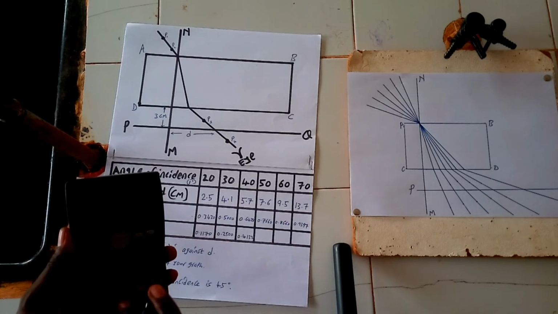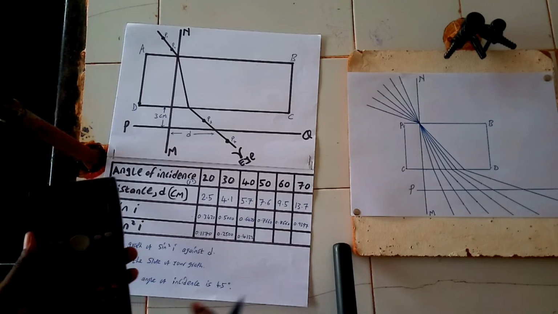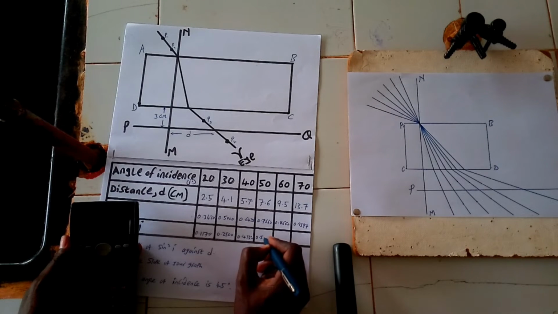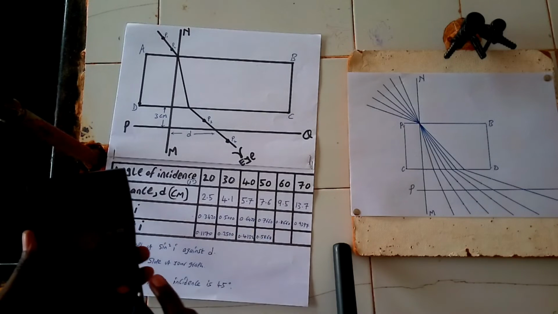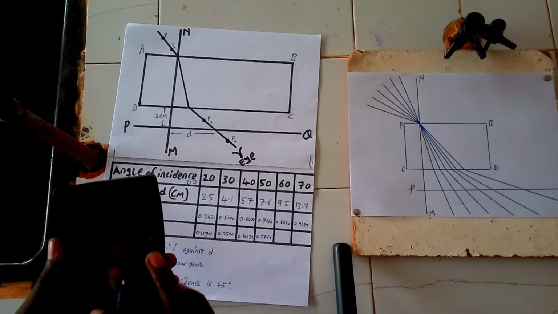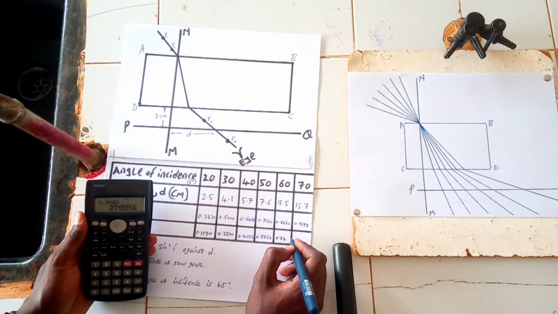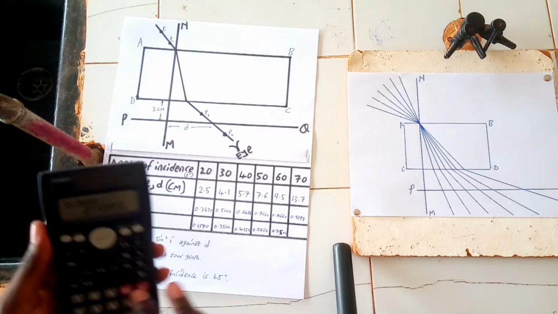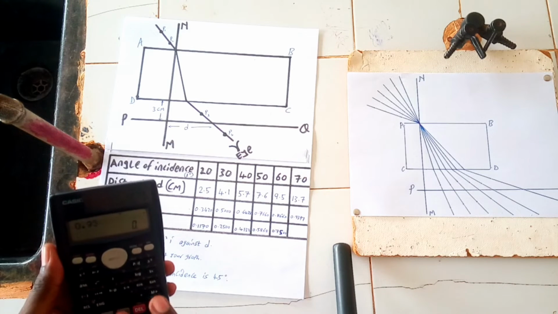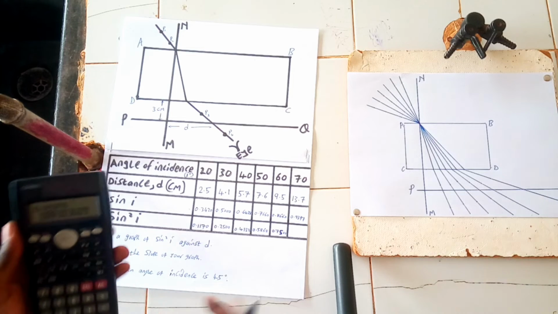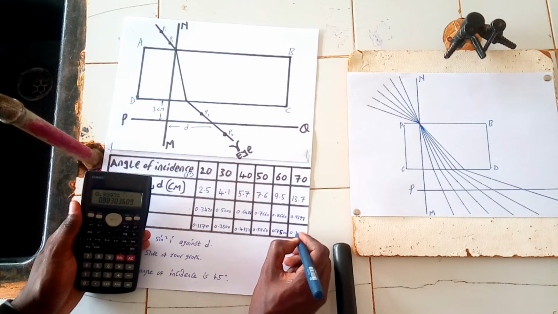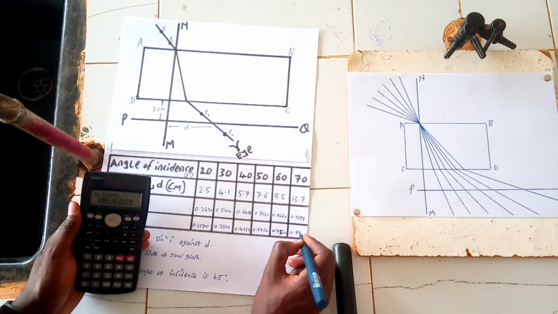Then we have 0.766 squared, 0.5868. 0.866 squared, actually it is 0.7500. 0.9397 squared is 0.8830.